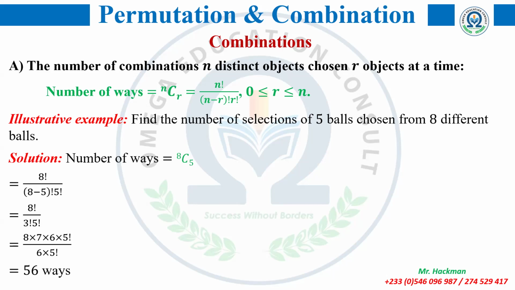If it is not direct, indirectly, you have to go further to know whether you are dealing with selection or not. All right, so now the illustrative example: find the number of selections, so the keyword is there, of 5 balls chosen from 8 different balls. So we have 8, we are choosing 5. Is that clear?